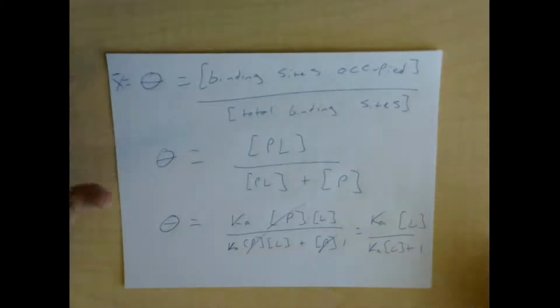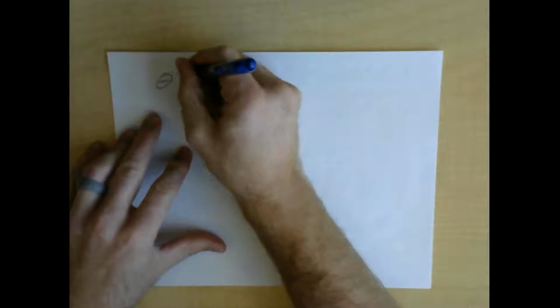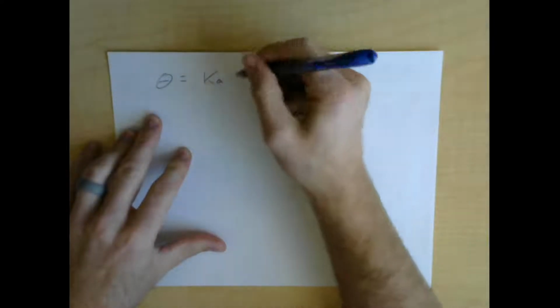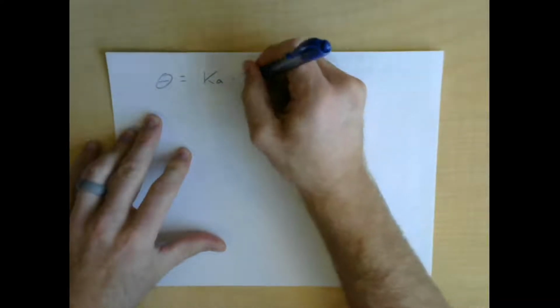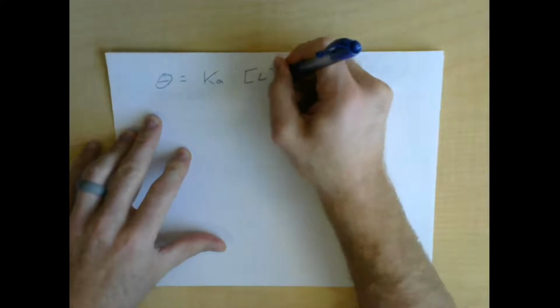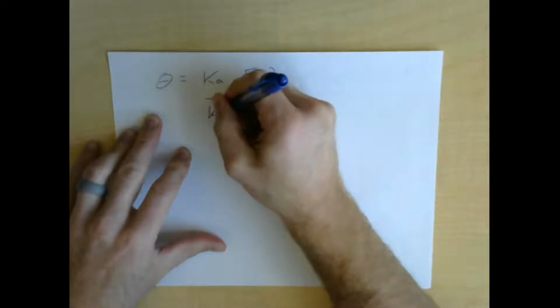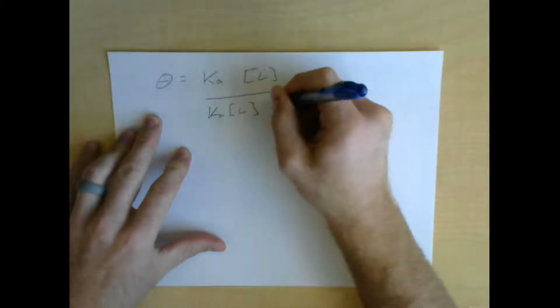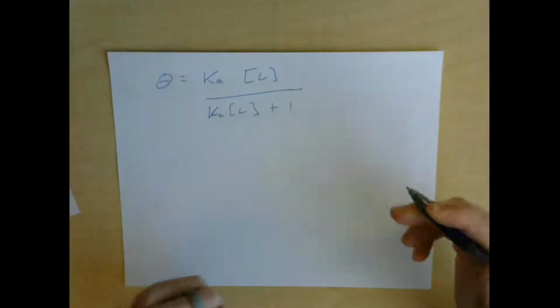Let's say you want to express this in terms of your dissociation equilibrium constant. So I'm going to rewrite the expression in terms of Ka, Ka times L plus 1. Remember, your Ka is related to your Kd by the inverse.